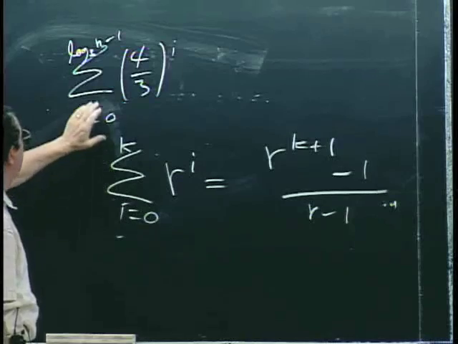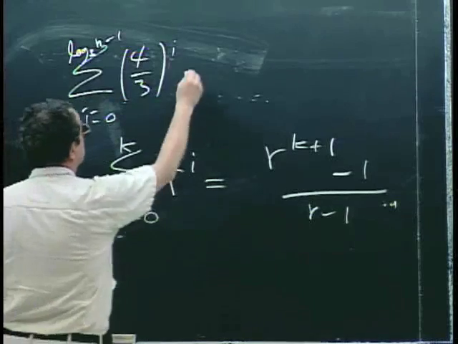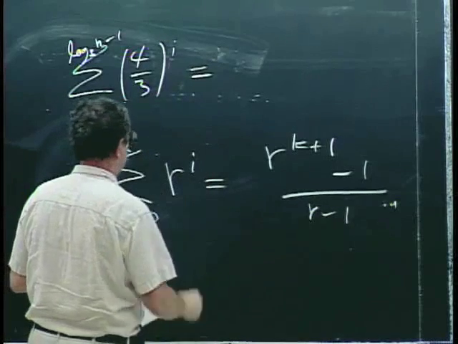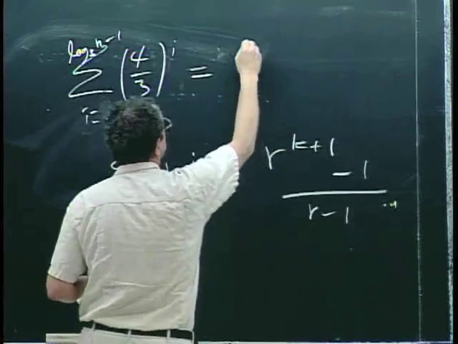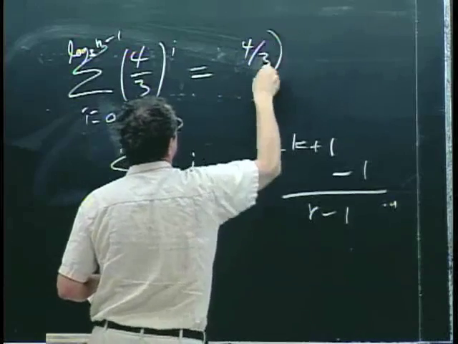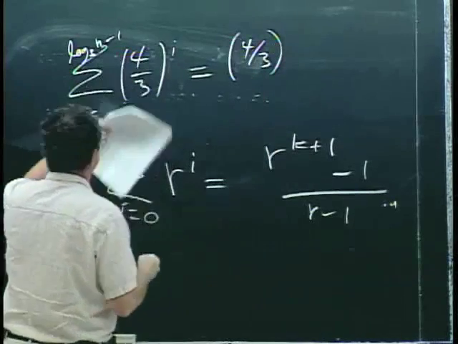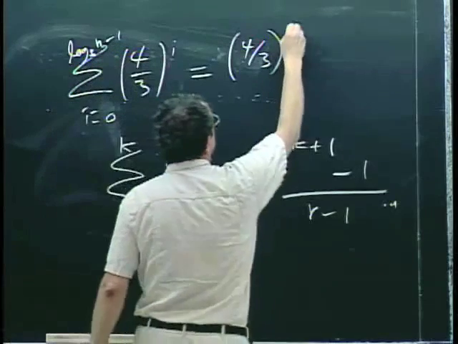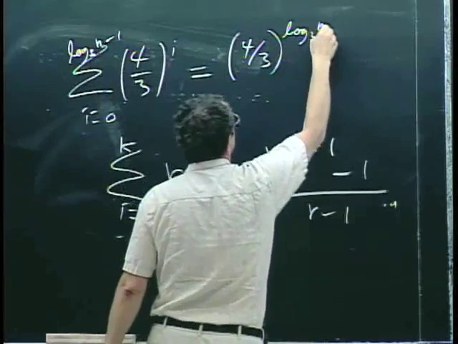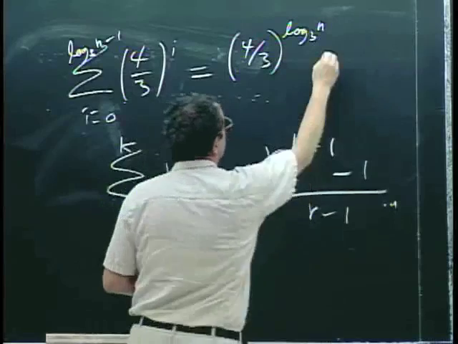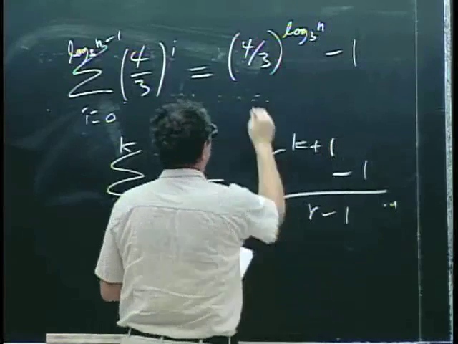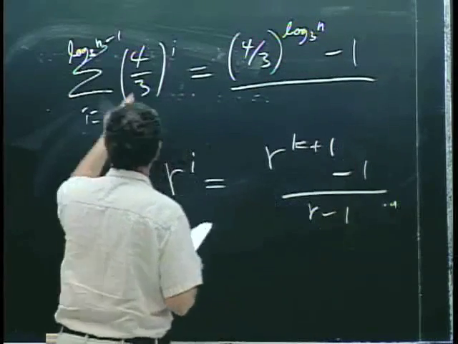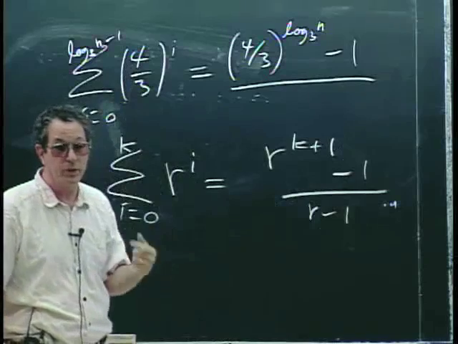So plugging that into here, what does that give us? That gives us 4/3 to the log base 3 of n minus 1 plus 1. So that's log base 3 of n. Okay, minus 1 divided by 4/3 minus 1, which is 1/3.